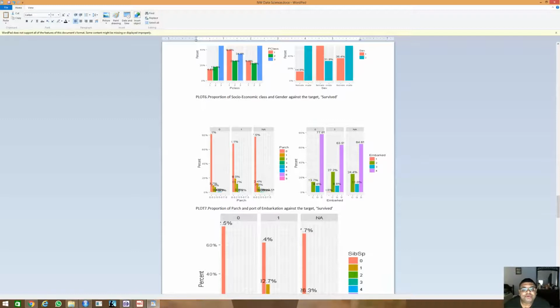Here we see that if you have fewer members of the family, or if you are single, if you do not have a parent or a child aboard, you have a better chance of survival.